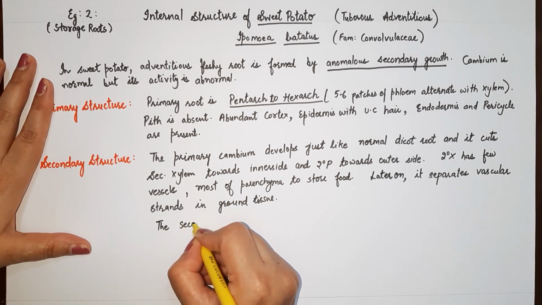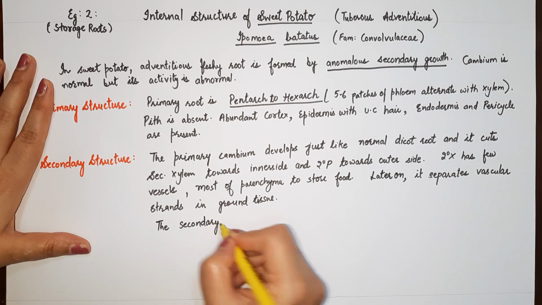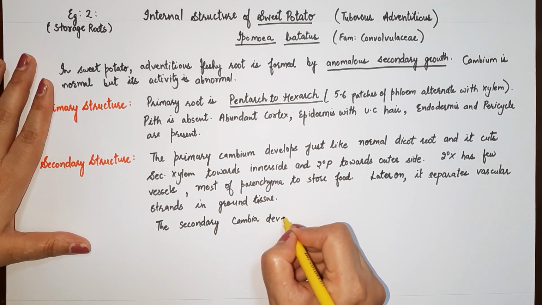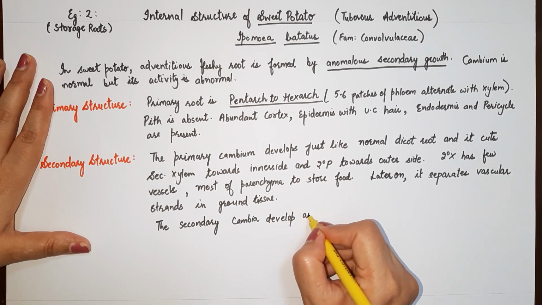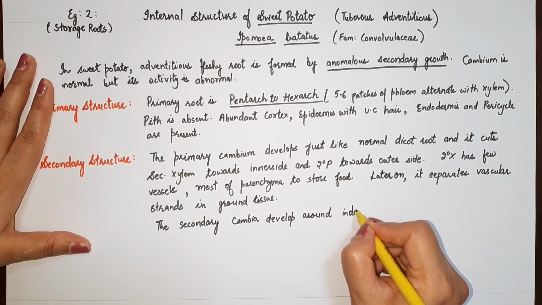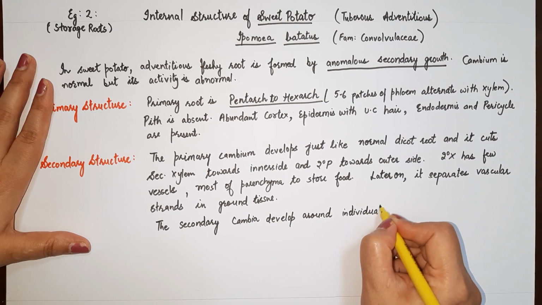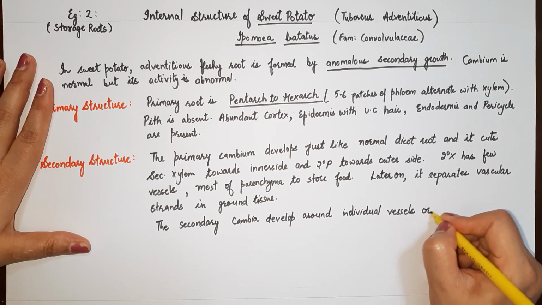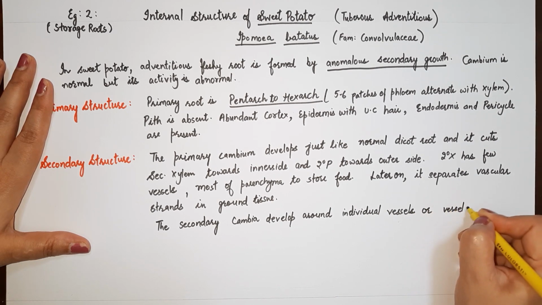The secondary cambia develop around individual vessels or vessel groups.